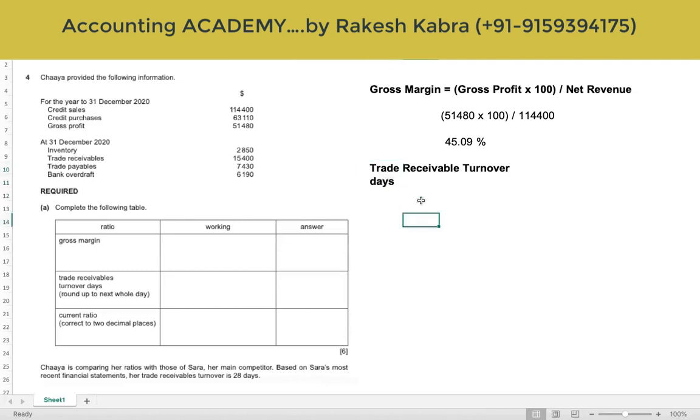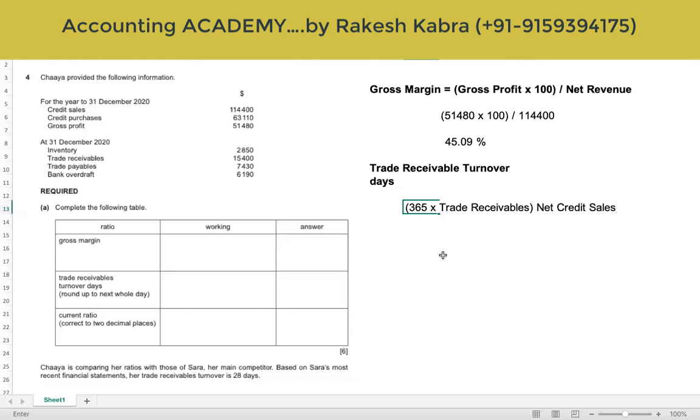Do you remember the formula? How to calculate trade receivable turnover days? 365 multiplied by trade receivable and divided by net credit sale. Here we will take only credit sales.